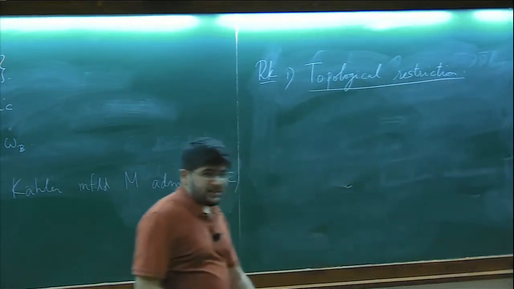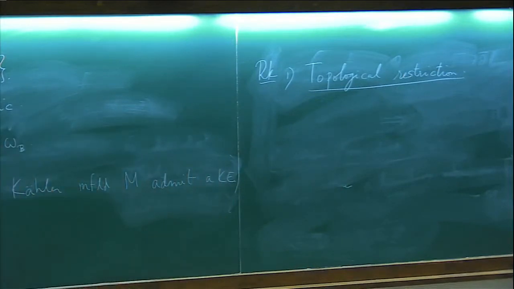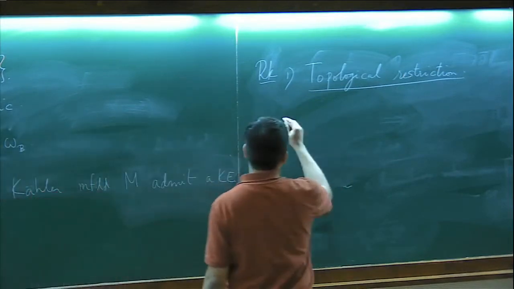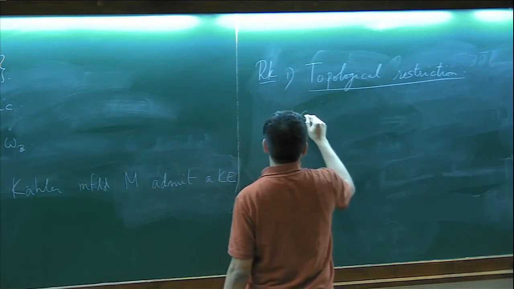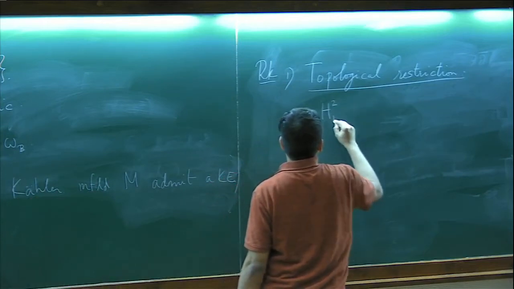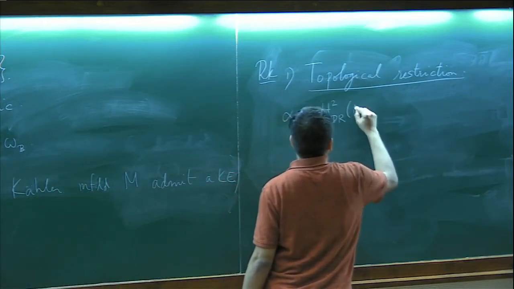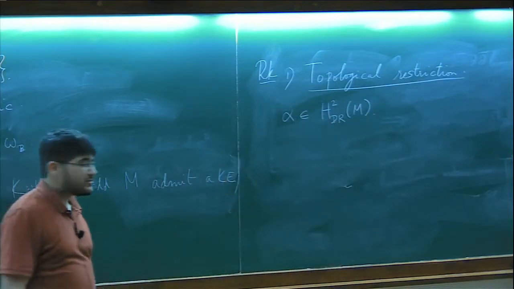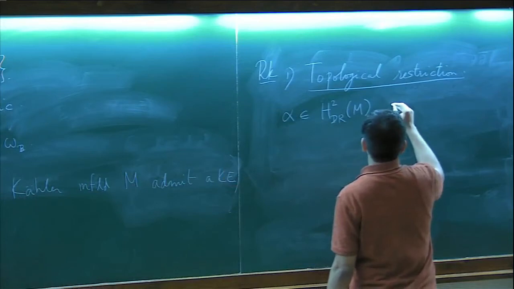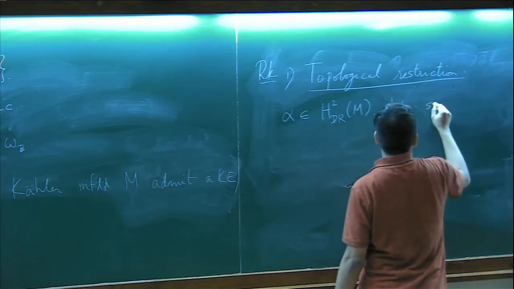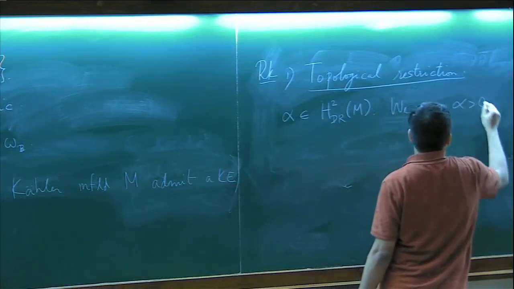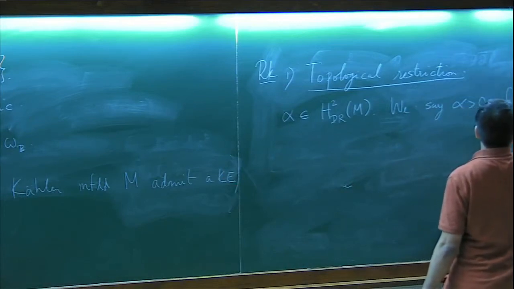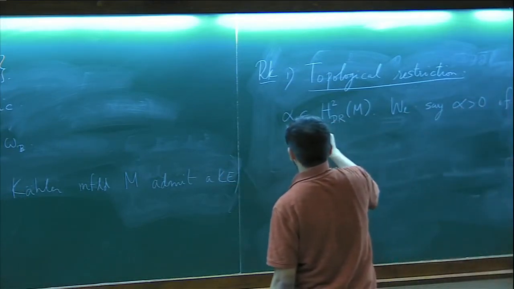Okay, to describe that, I need one more definition. So I say that a class alpha, so let's say this is a cohomology class in the second de Rham cohomology group. We say alpha is positive if alpha contains a Kähler metric.